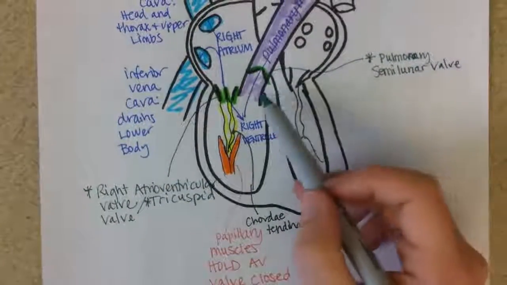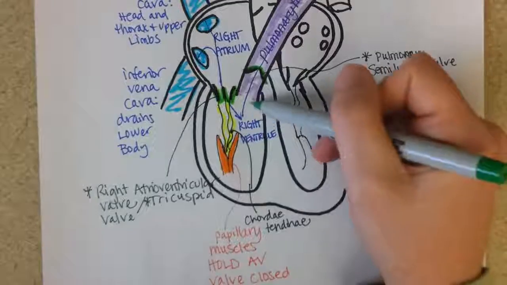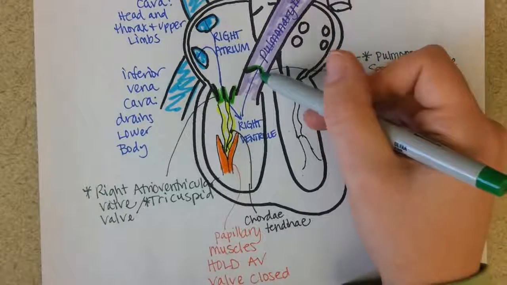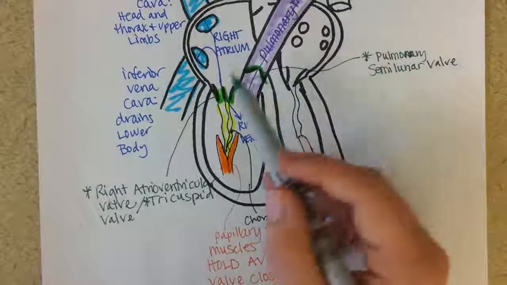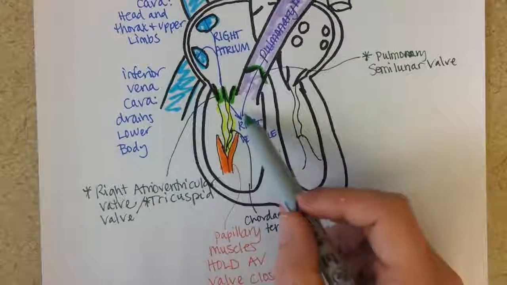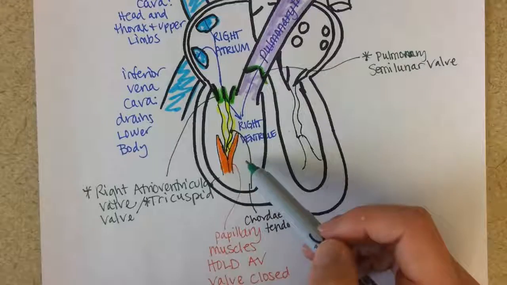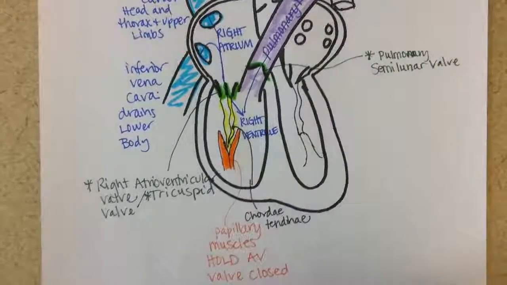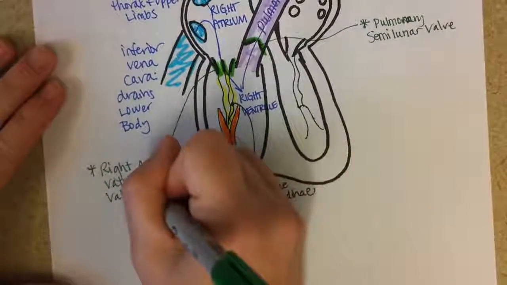And this valve shuts after the right ventricle is finished pushing blood out and pressure starts to decrease in the right ventricle, and then this valve falls shut. So the AV valve is closed during ventricular contraction, and the semilunar valve closes at the end of ventricular contraction.